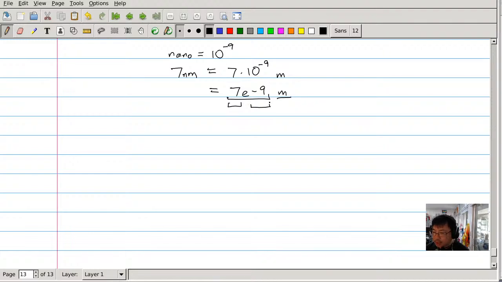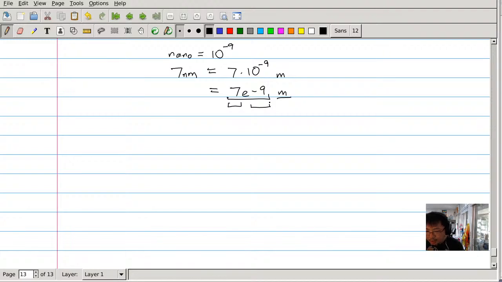But this time the exponent is not an exponent of 10. Can anyone guess what base we're going to use for this exponent when we talk about floating point numbers? It's in base 2. Very good, Catherine is correct.